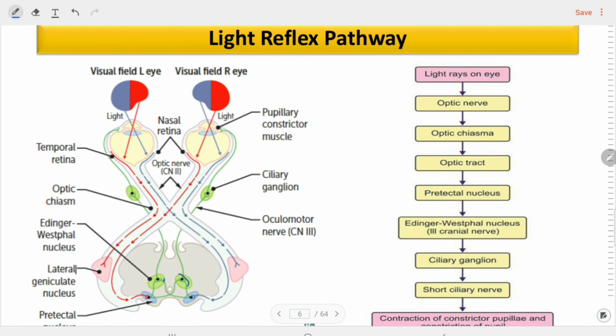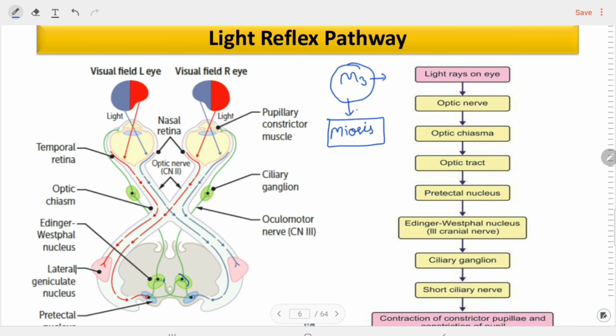So if light comes to the eye, it will cause the activation of the M3 receptor, which leads to contraction of the sphincter pupillae, and the final outcome is miosis.